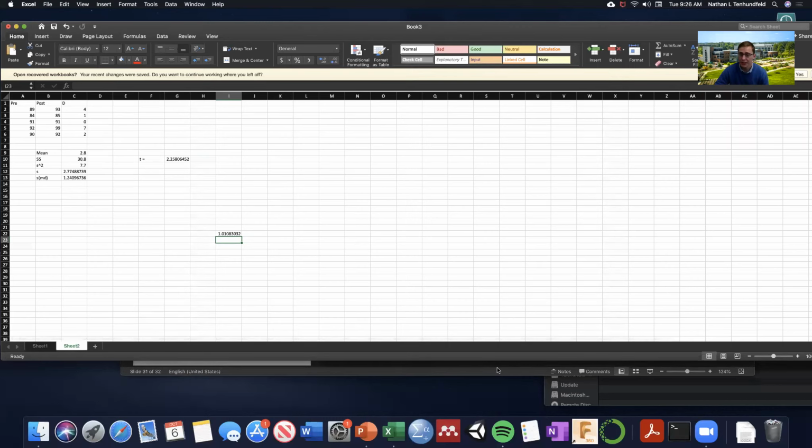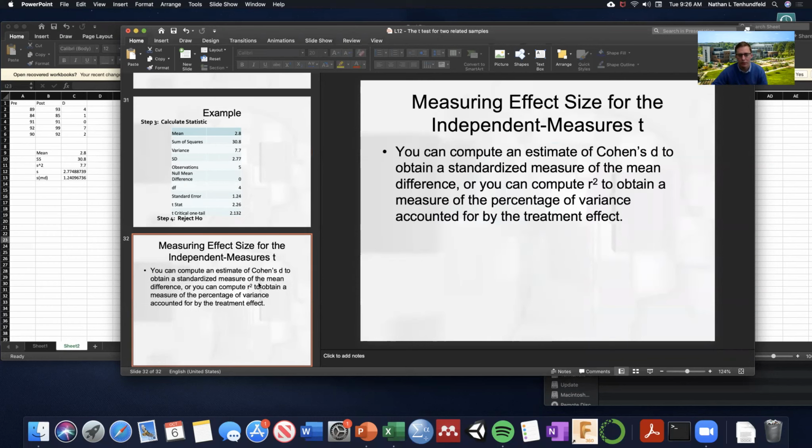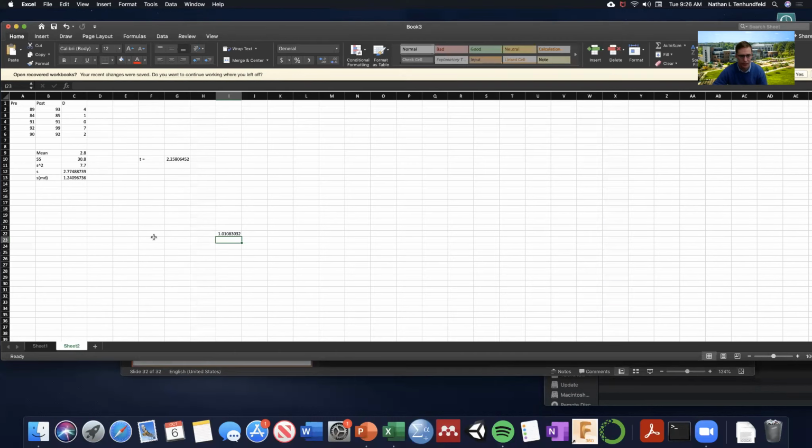So that's a big effect size, right? That's saying that you have a 1 standard deviation increase in your performance as a function of taking this miracle memory legume. Again, to compute that percentage of variance explained, r squared is just going to be t squared divided by t squared plus the degrees of freedom, right? And so if we're getting this r squared value here, it's going to be our t squared, we're just t times t.